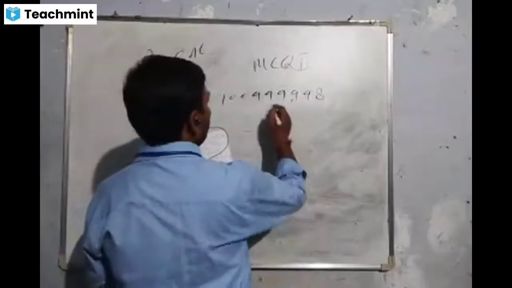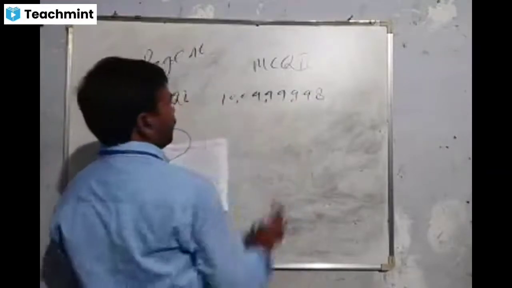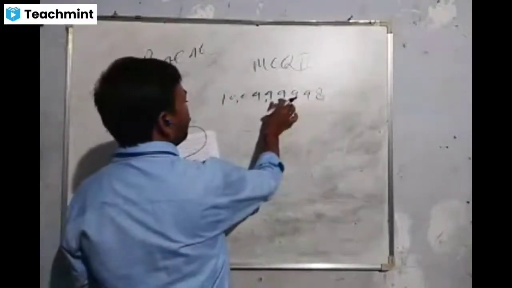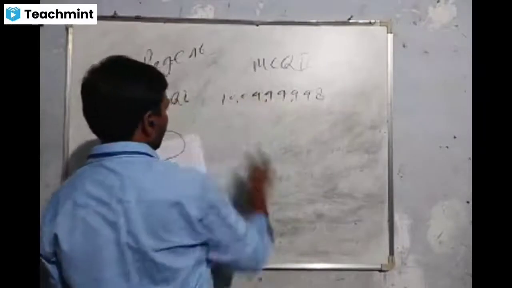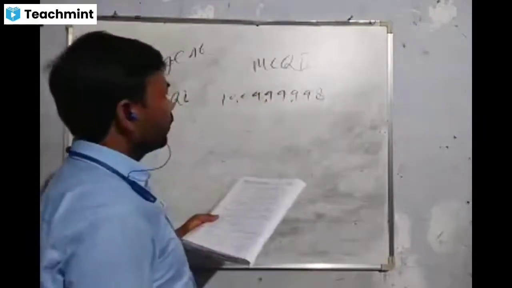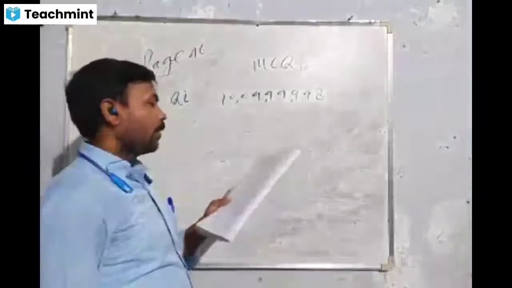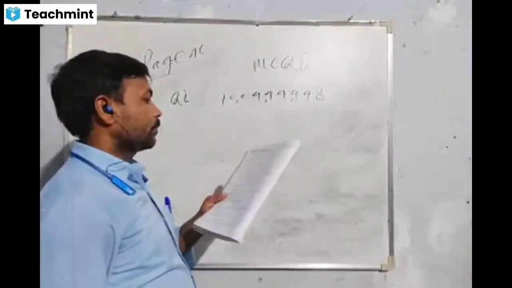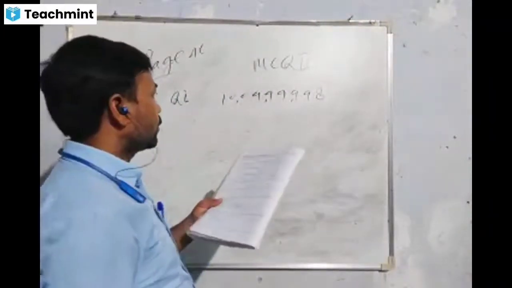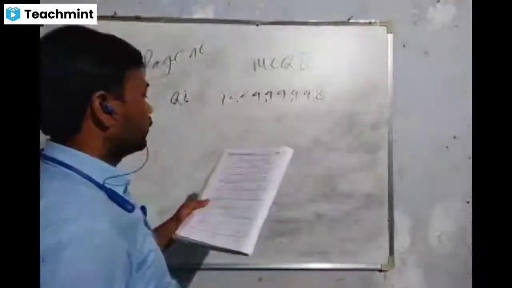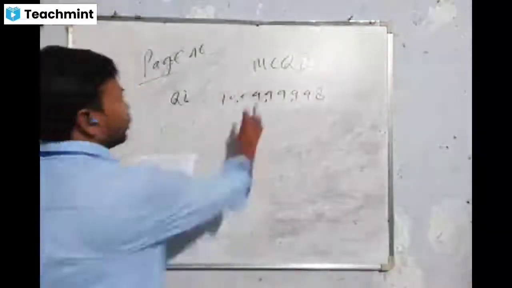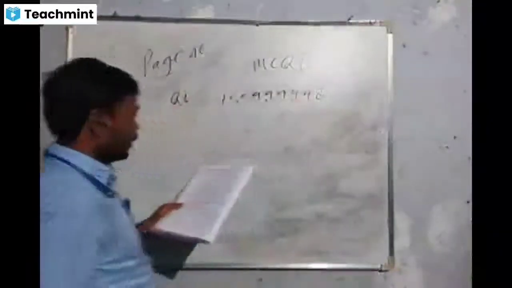Let us read this number name. This is ones period, thousand period, lakhs period, crore period. So 10 crore 9 lakh 99,999. The first option is correct.